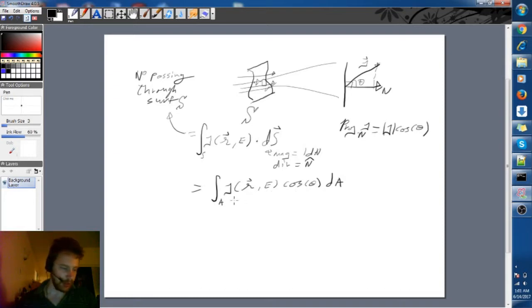So that is the number of neutrons passing through the surface. The basic idea is you just add up all the little differential currents, and that gives you the total current, expressed as a fancy integral like this or this.